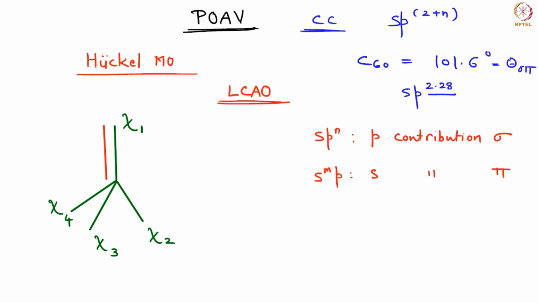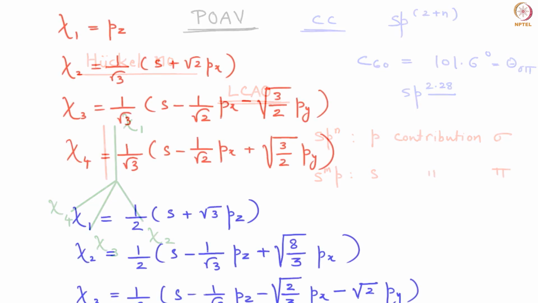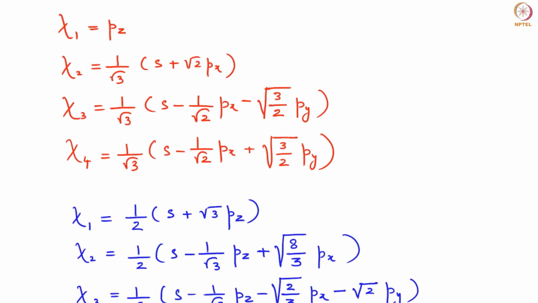Now I will write down the expressions for the linear combinations of these atomic orbitals for all three cases: sp2, sp3 and sp2 plus n. The first expression is for the sp2 type hybridization. Here you can already see that your chi1 is nothing but your pz orbital itself, or the pi orbital axis vector.